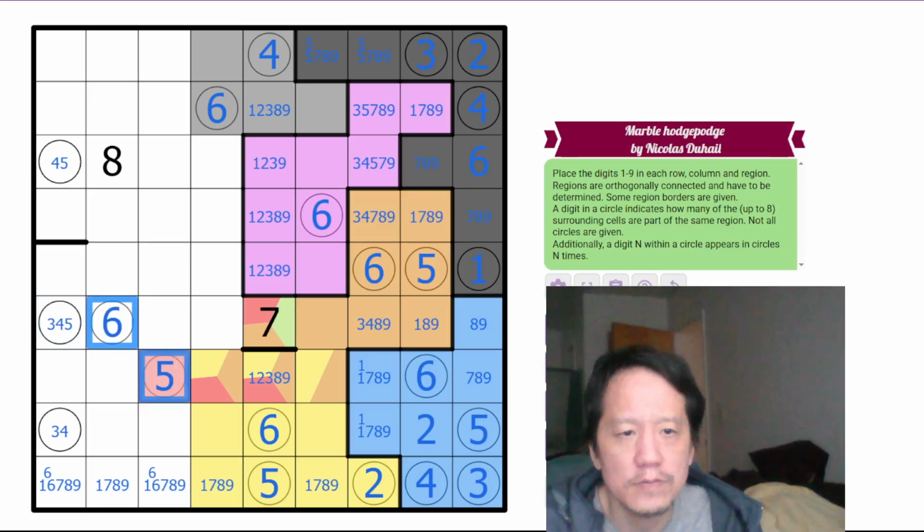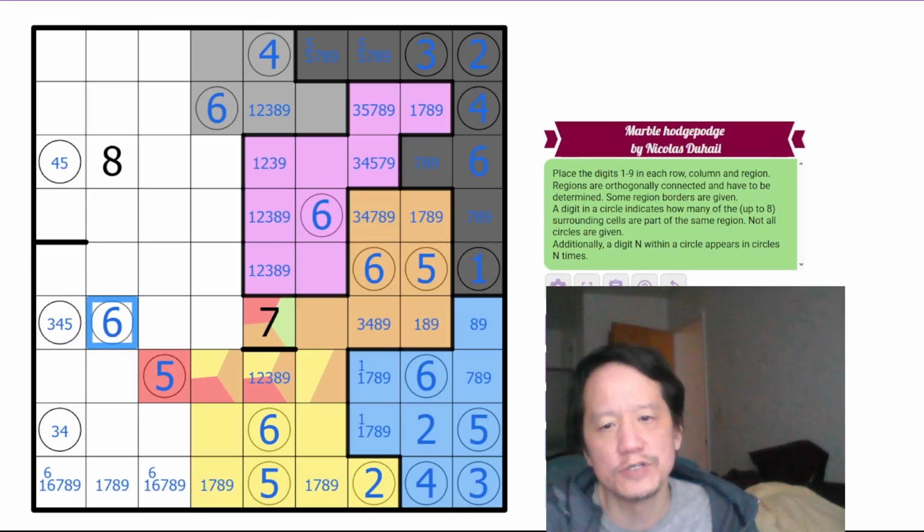Actually, are these ever part of separate regions? If this is 6, I think the answer is no, right? I think these have to be part of the same region. Say this was one region.